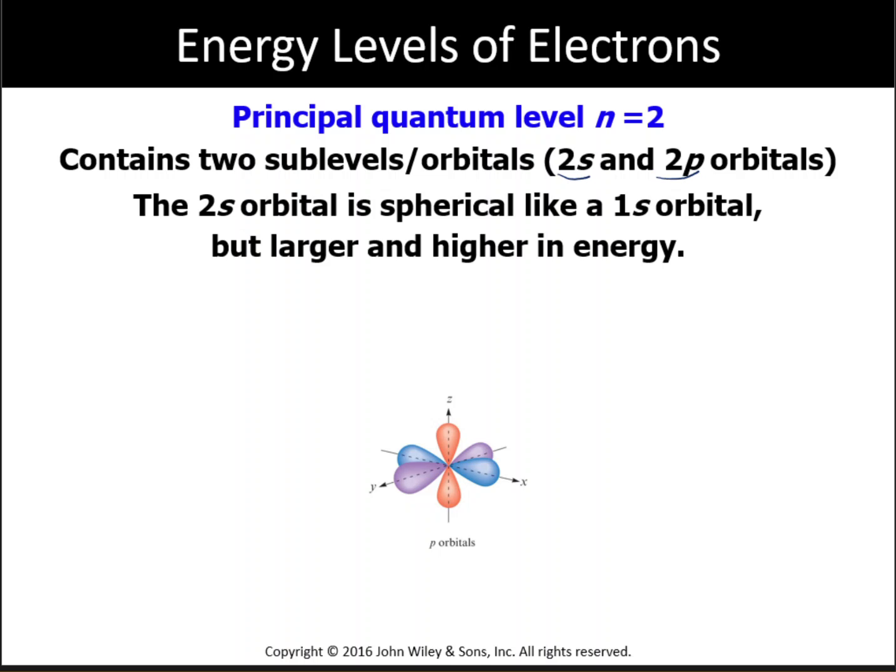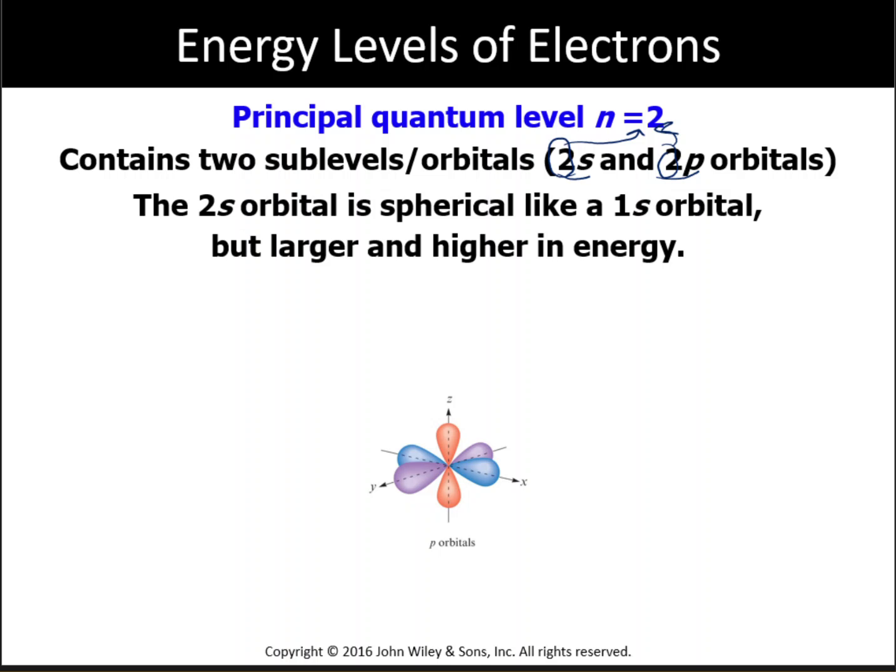Why 2s and 2p? This 2 is because we're at energy level 2. So in the second energy level, you expect two sublevels, s and p. We call those 2s and 2p because they are in the second energy level. So the 2 represents the energy level.